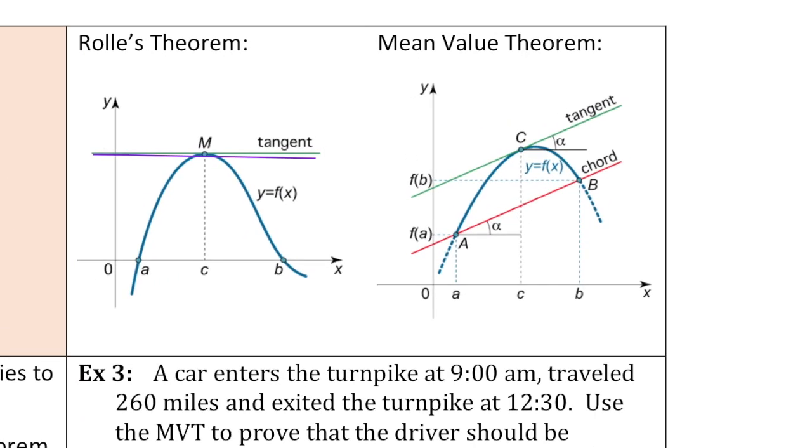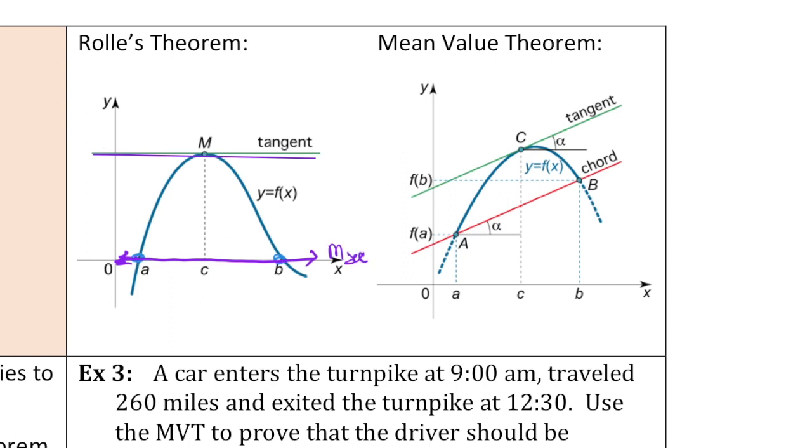So we know from Rolle's theorem that if you have 2 points A and B that are equal, so here's A, here's B, and your function is both continuous and differentiable, then there exists a horizontal tangent line. Well, coming up with that, let's draw a secant line from A to B, and you will see that the slope of the secant line is 0.